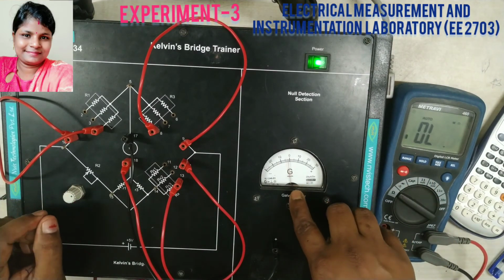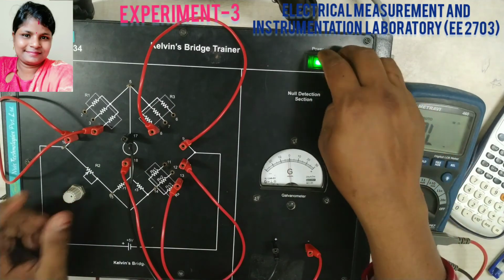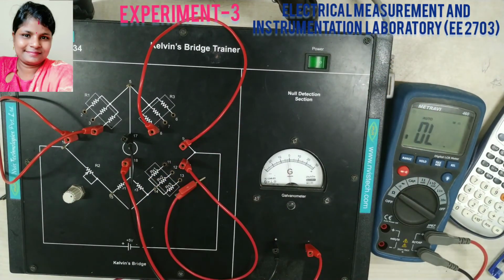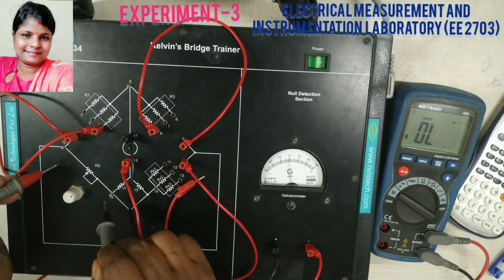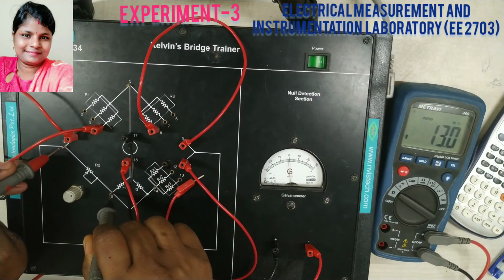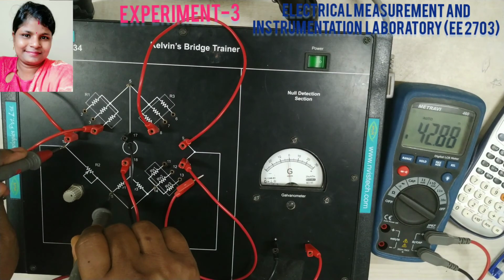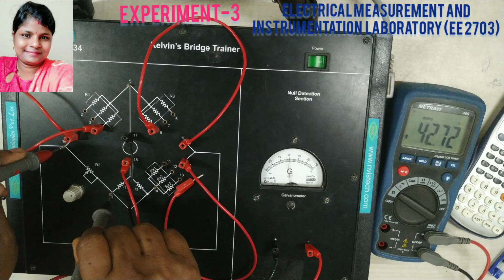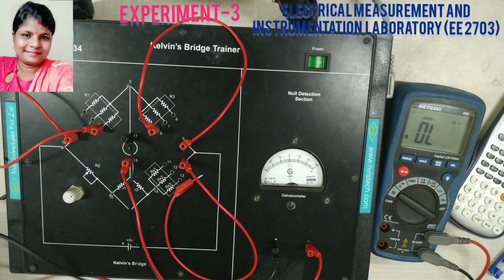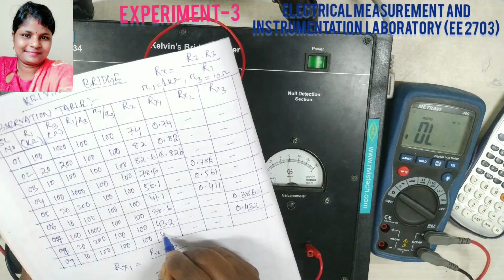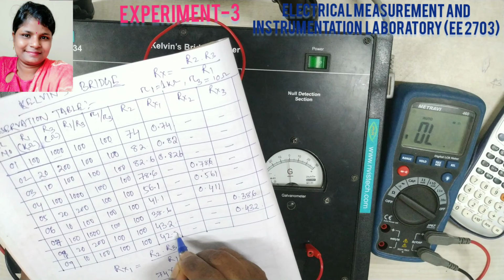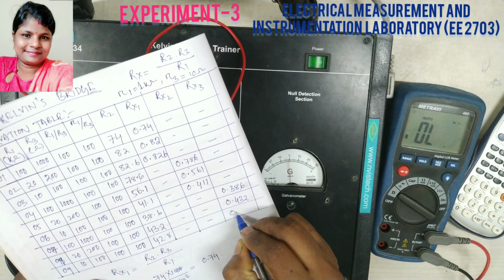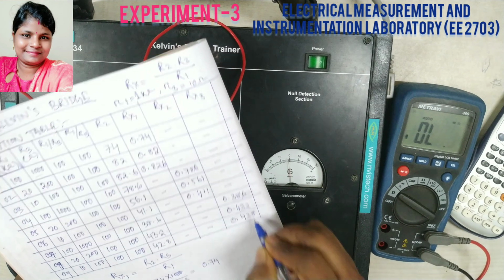Okay, now the galvanometer shows null deflection. So switch off the power, disconnect the wire between 10 to 13 and take the reading of R2 using the multimeter. So the value is 42.8. So write here 42.8. So by using this formula, the value of Rx3 is 0.428.